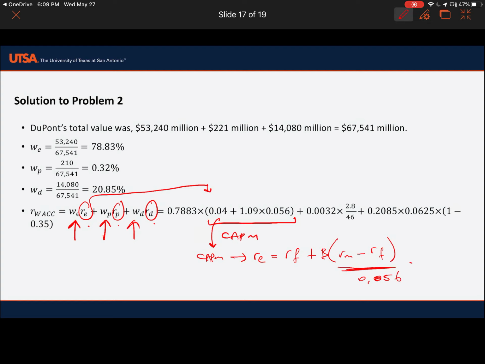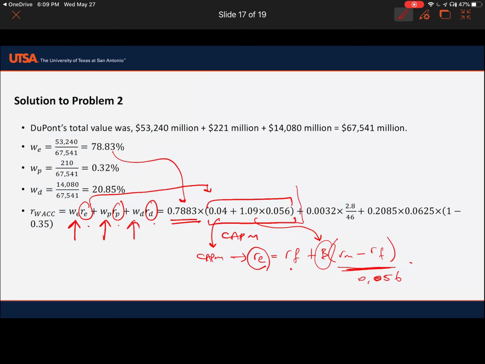This is the market risk premium. Beta is given as 1.09, and risk-free rate is 4%. So we find cost of equity here.